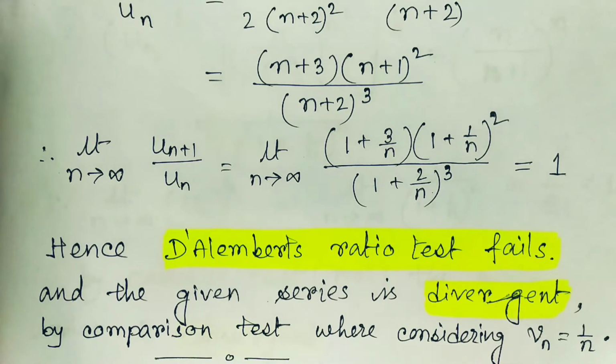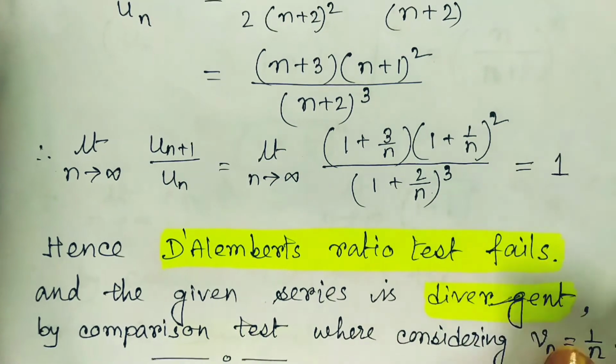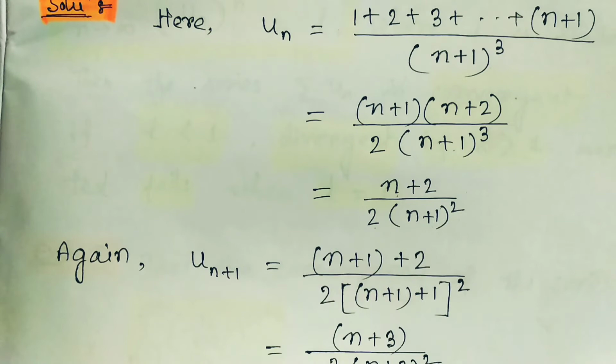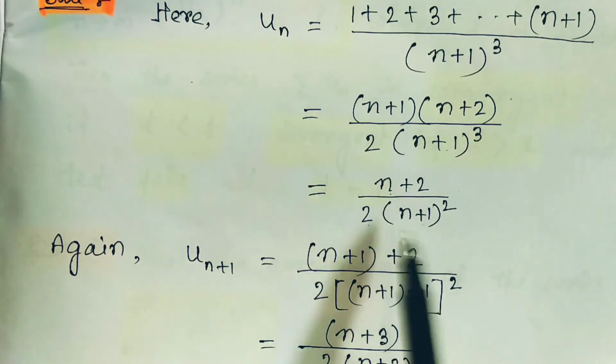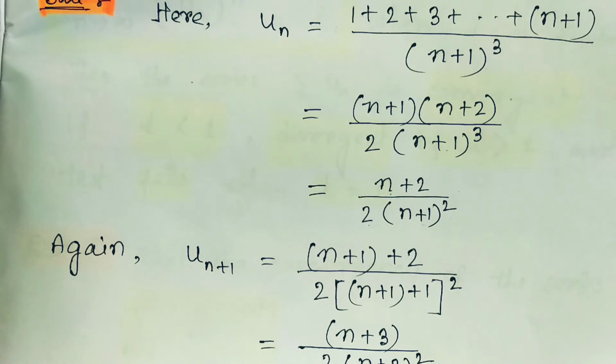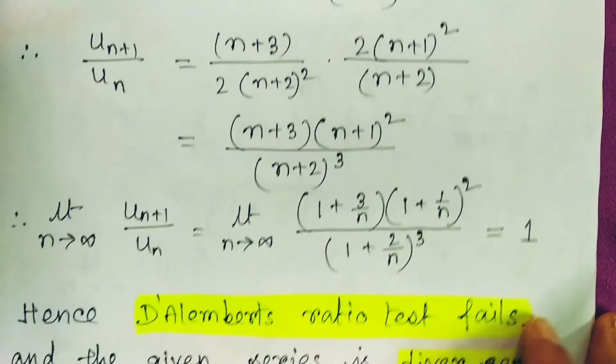By comparison test, we can conclude the given series is divergent, and in the comparison test we consider the series for comparison as 1 by n, because in the un term the difference of the powers of n is exactly 1. That's why vn should be 1 upon n. On that basis, from the comparison test, the given series is divergent.